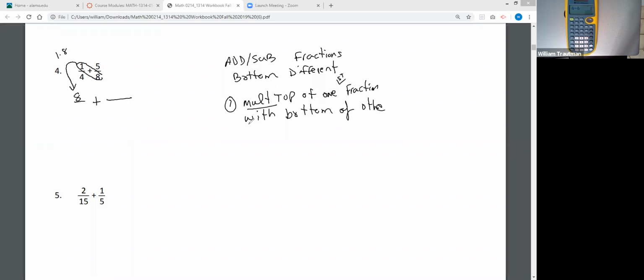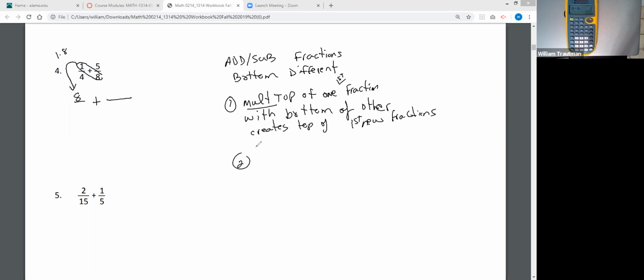Multiply top of the first fraction with the bottom of the other, and it creates the top of the first new fraction. I know these are a lot of words. I'm only going to write them down once.